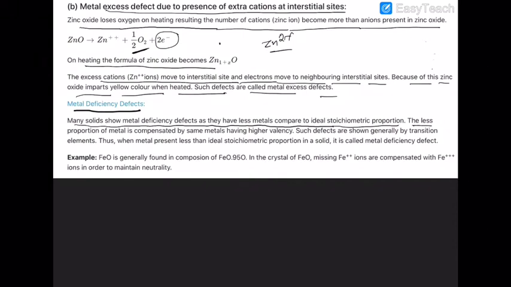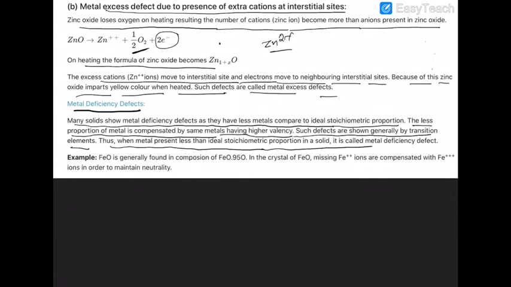The lesser proportion of the metal is compensated by the same metal having higher valency. Such defects are shown generally by transition metals because they are able to show variable valencies. So when metal is present in less than the ideal stoichiometric proportion in the solid, it is called metal deficiency defect.